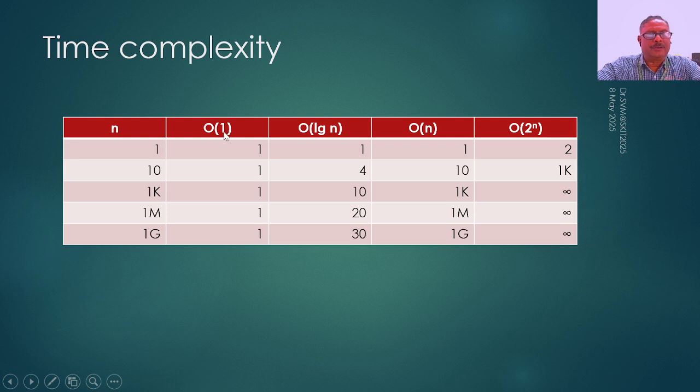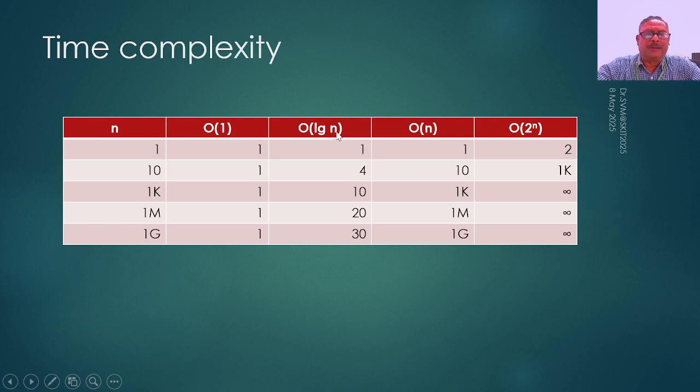If it is a constant time activity, then whatever be the size of the input, we are going to get 1 unit of time to solve the problem, like finding the first element in the list. Whatever be the size of the list, getting the first element is definitely going to take unit time.